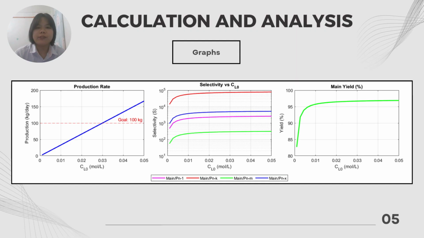The third graph shows the yield of the main reaction versus initial concentration, which rises rapidly at low concentration and then is almost constant at higher concentration, indicating that most of the monomer is efficiently converted into the desired product.